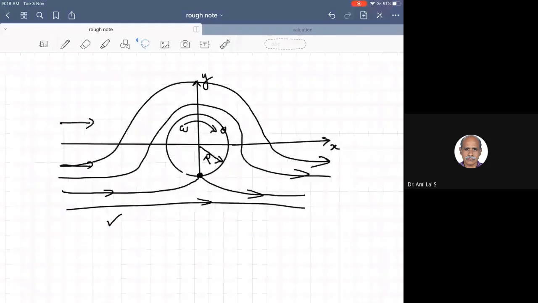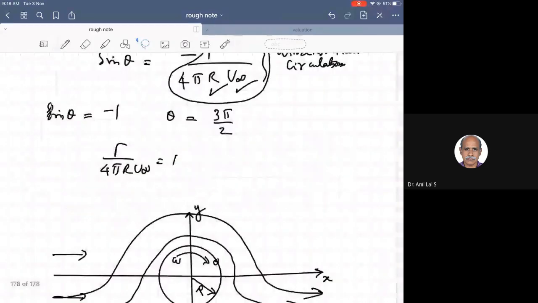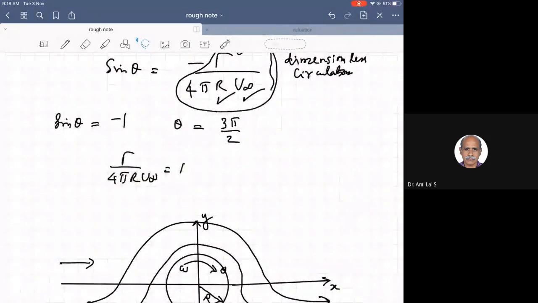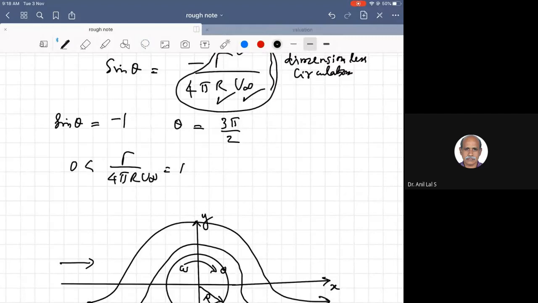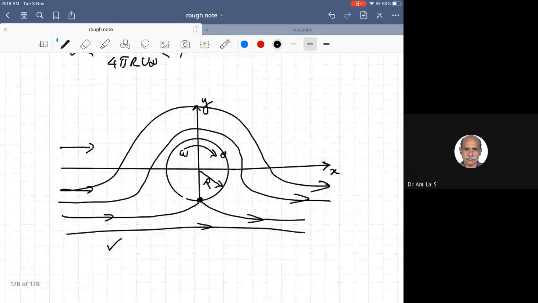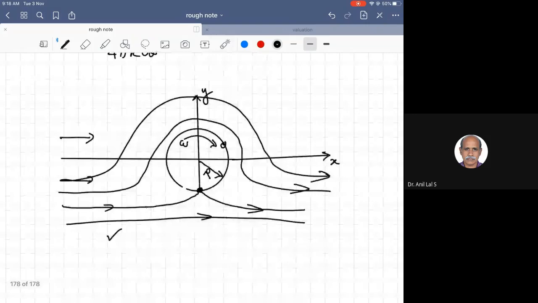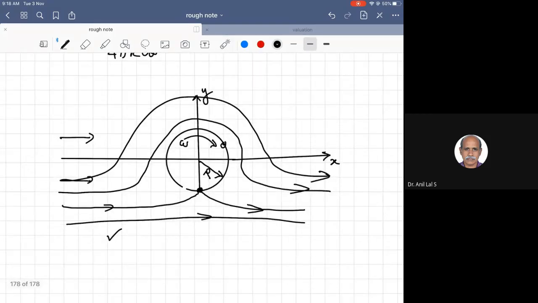Now let us assume that this value is greater than 0 and less than 1. So sin theta is between 0 and 1 with a negative sign. Sin theta has a negative sign in the third quadrant and fourth quadrant.